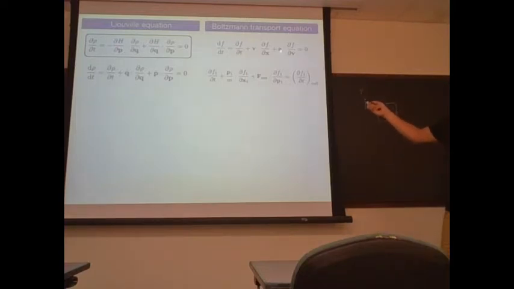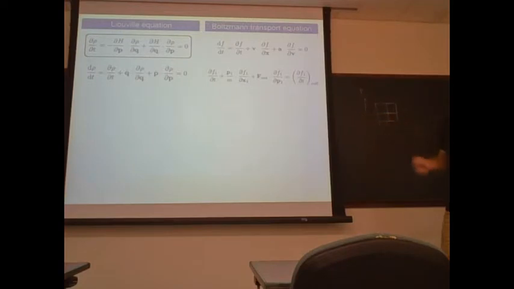This acceleration, I should point out, is due to any forces that are possibly in the system. One popular way of rewriting this is to split the acceleration up into something due to an external force, and accelerations caused by collisions. I've written it this way because this term means the rate at which the single particle distribution, f1, changes due to collisions, and now I'm writing it with a 1.